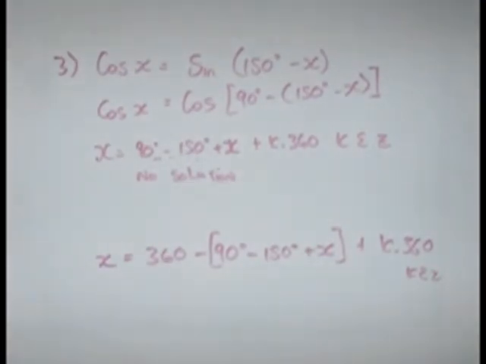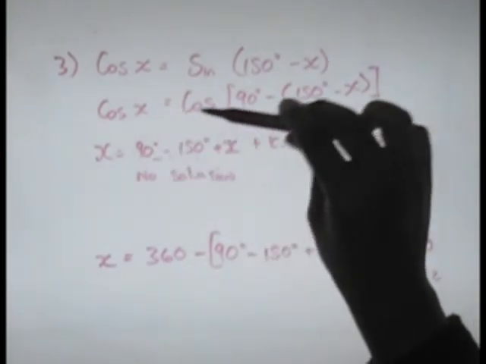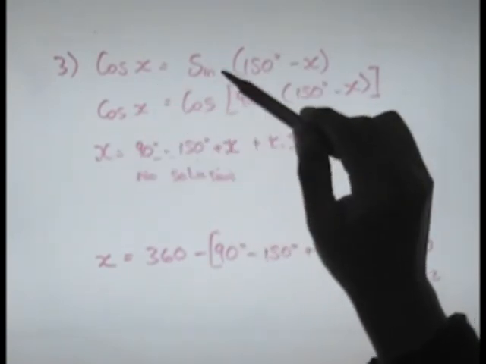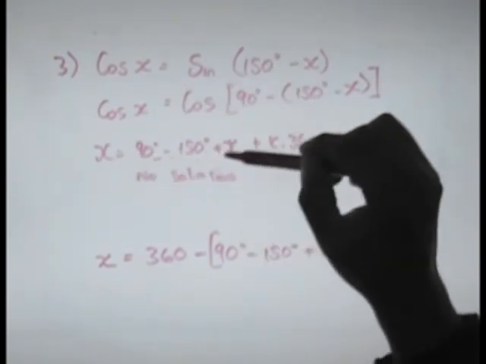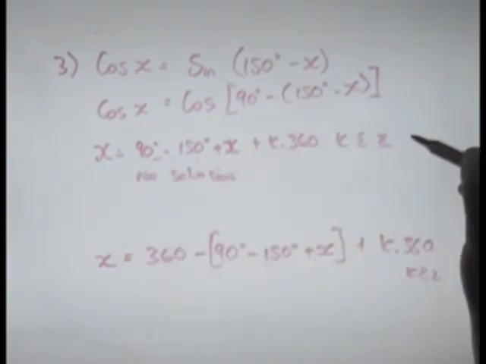Because when x comes across, it becomes negative x, and negative x minus x is 0, so the x's are basically cancelling with each other. That's only for that one though.